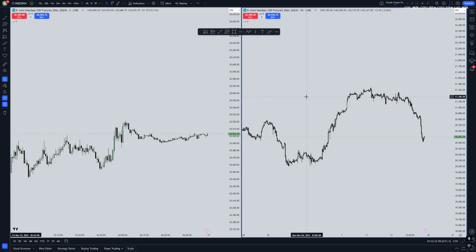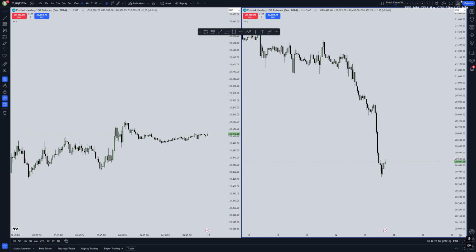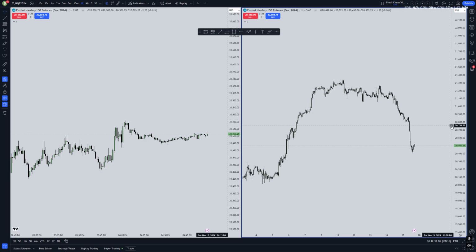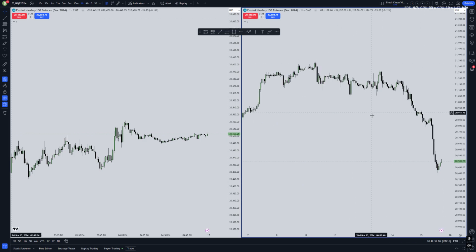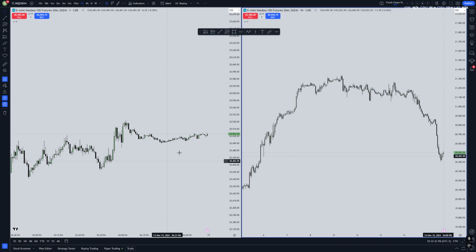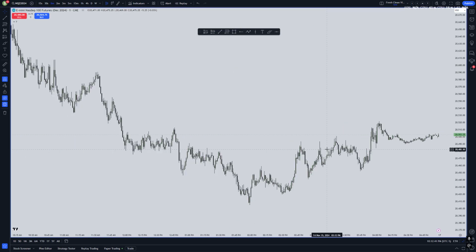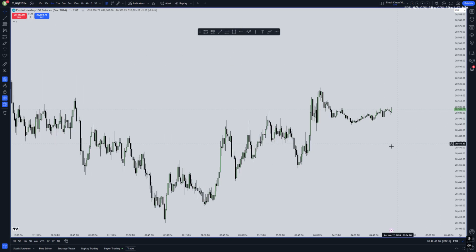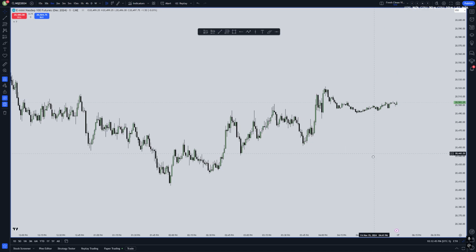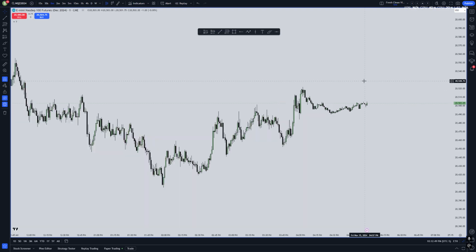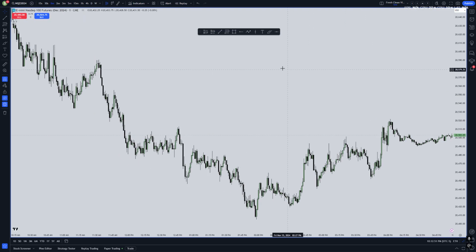But since my monitors are not the perfect resolution, when I put this on another monitor, it'll be zoomed in like this instead of being like this on this monitor, because the resolution's lower. So it's just harder to see. I just tend to keep them all in this center monitor. But again, this is actually probably better because most of you will be using one screen, and one screen's all you need. You don't need more than one screen.